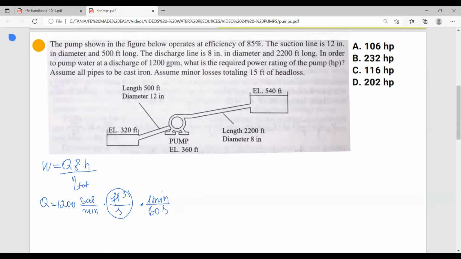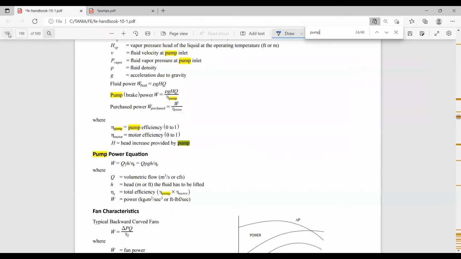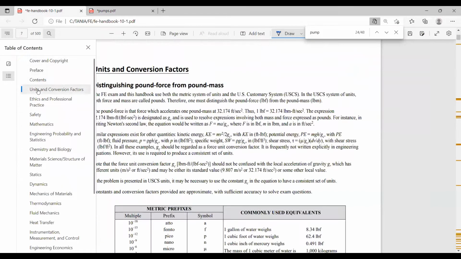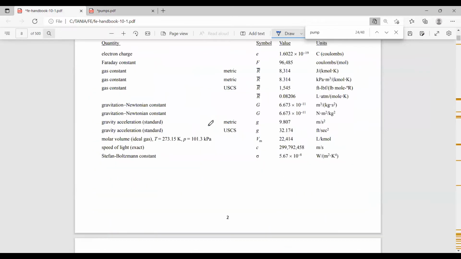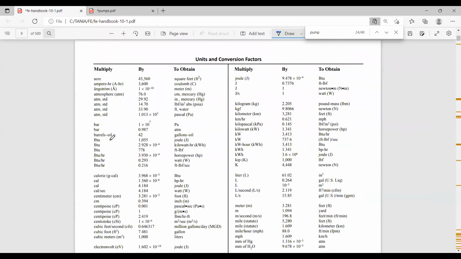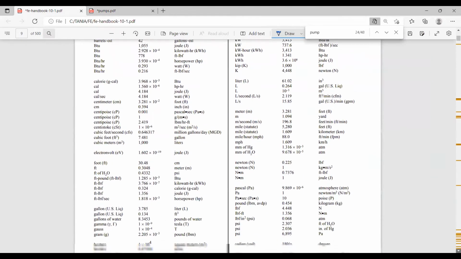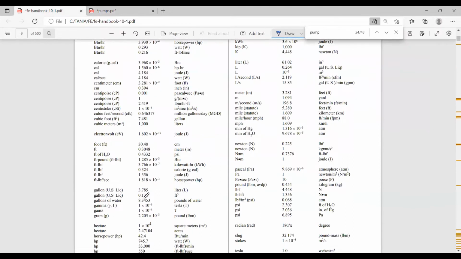And then from gallon to cubic feet, let's see what the FE handbook has to offer us there. We have units. Go to the unit section and find the gallon on the right side, and it will tell us what we need to do to transform it into cubic feet.